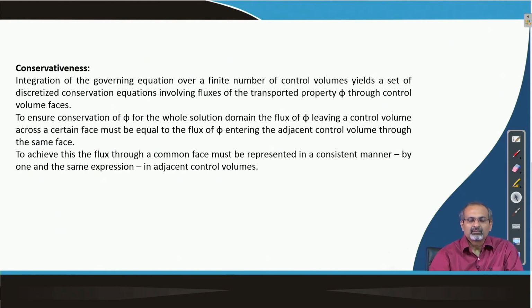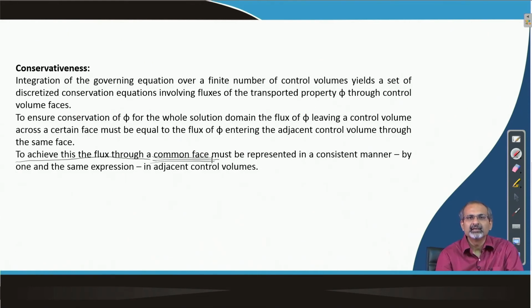So, in the context of finite volume technique, what we would like to say is that we are talking about fluxes which are being transferred through common faces, and only if we represent these fluxes in a consistent manner at each of such common faces would we ensure that there is an overall flux conservation.